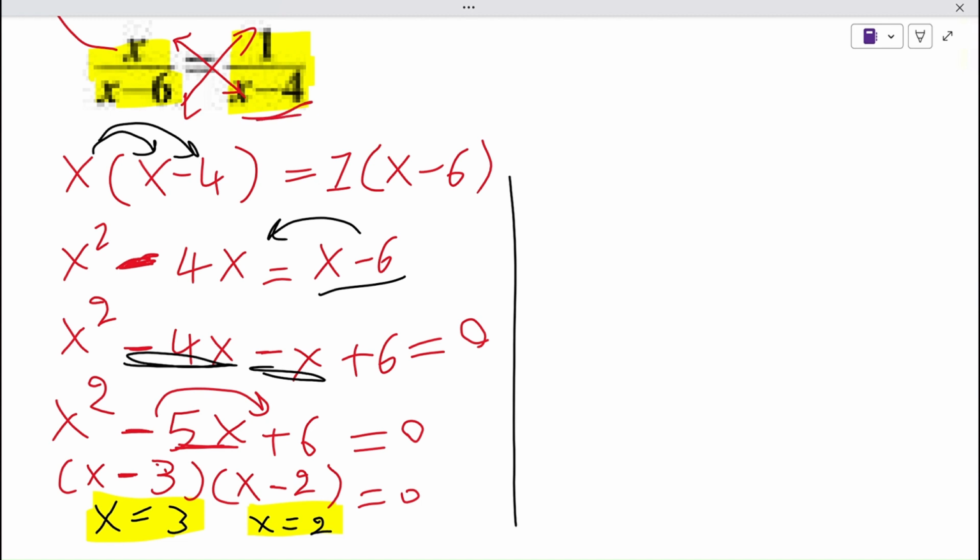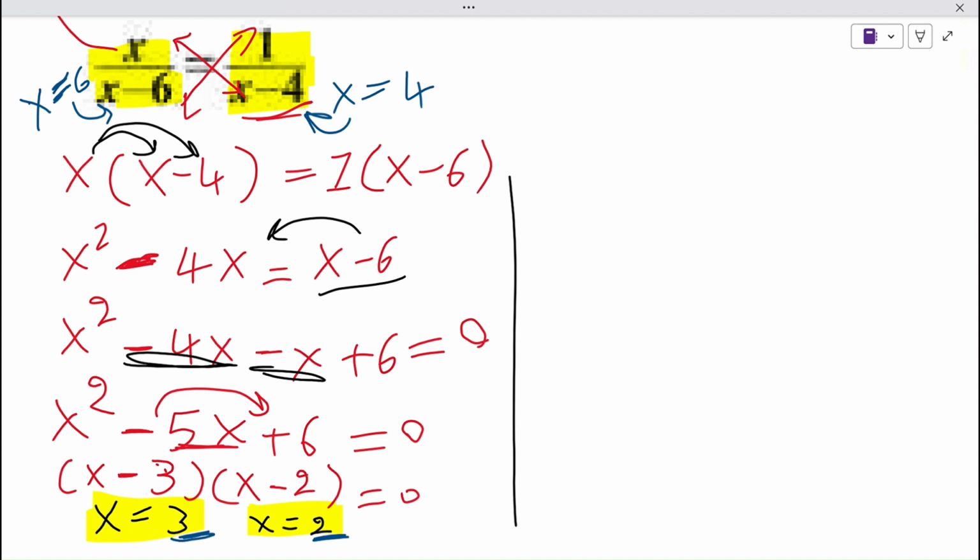Of course, x is equal to 4 makes this denominator 0. And here, x is equal to 6: 6 minus 6 is equal to 0. So here we just have 3 and 2. 2 is not 4, is not 6, and 3 again is not 4, is not 6. So both of them are solutions.